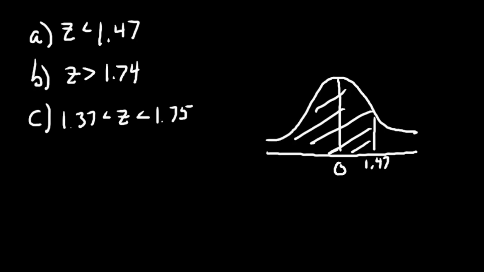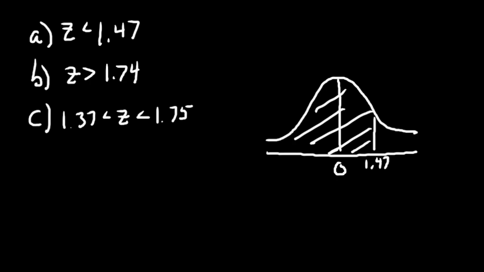The center ones you hardly ever see. I would say 75% of the ones out in books and online are going to be area from the z-score all the way to the left, which is good because that's what we're actually looking for here.